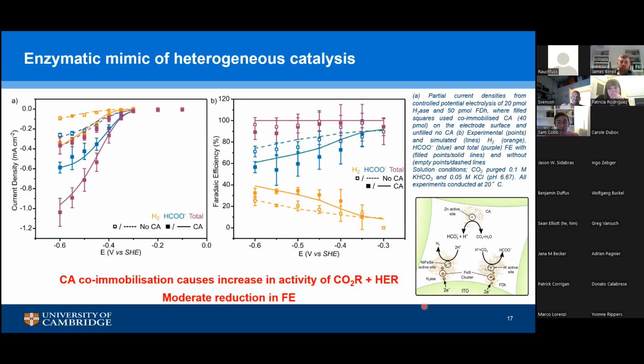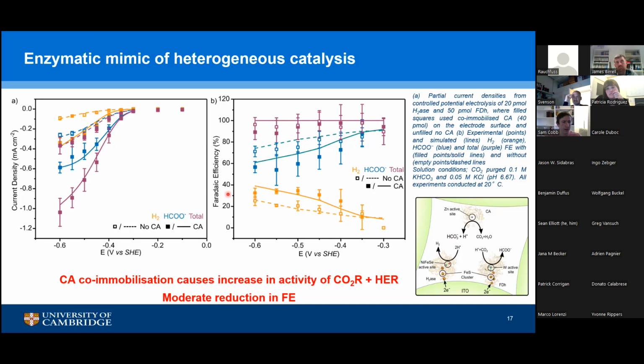And now, if we take hydrogenase and co-immobilize it with formate dehydrogenase, and then put in carbonic anhydrase as well, we can think, well, this is an enzymatic mimic, or approaching an enzymatic mimic of heterogeneous catalysis, but we still have our Michaelis-Menten kinetics. We've not gone to the low affinity first order kinetics of CO2 reduction.